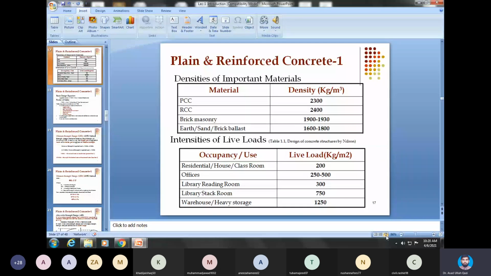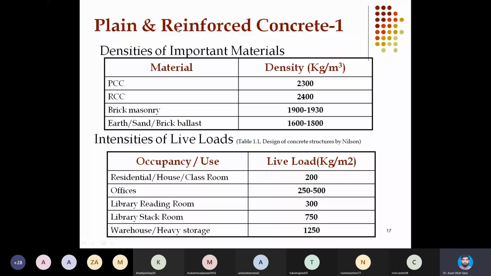Now, densities, you need to keep them in mind. For plain cement concrete, 2300 kg per meter cube is a good value. For reinforced cement concrete, 2400. For brick masonry, 1900 to 1930. Earth, sand, brick ballast 1600 to 1800 depending upon the degree of compaction.